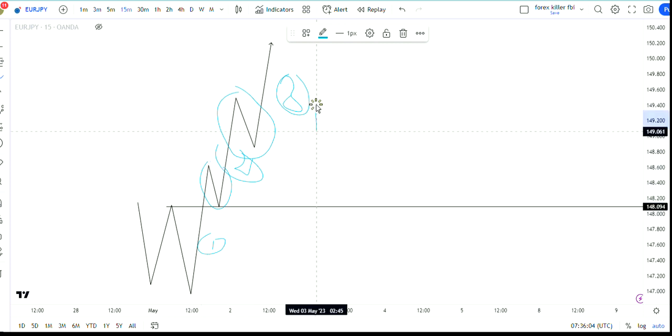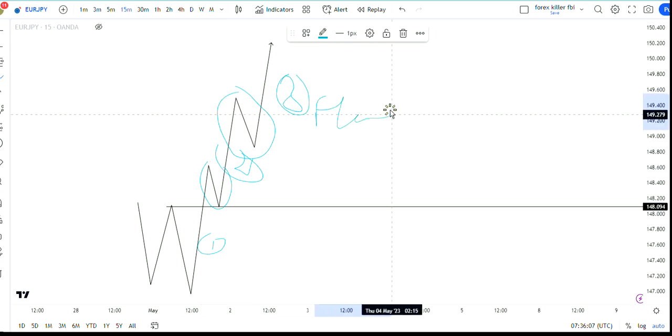Maybe you will have a flag, as we said before. As we know, flag or zigzag structures are categorized into two: we have a bearish flag and a bullish flag, or a bearish zigzag structure and a bullish zigzag structure.